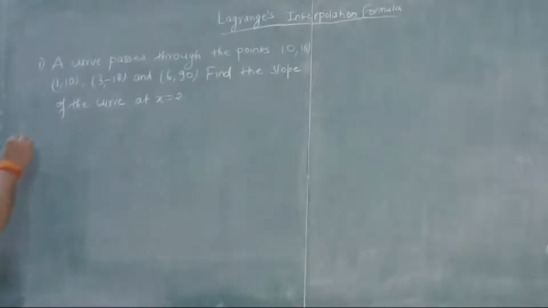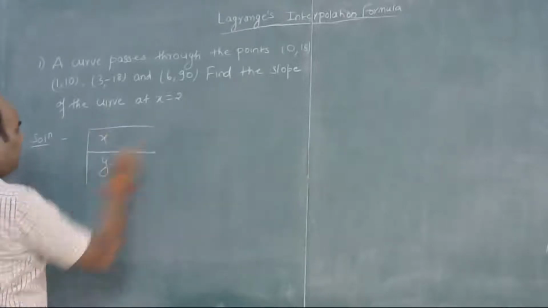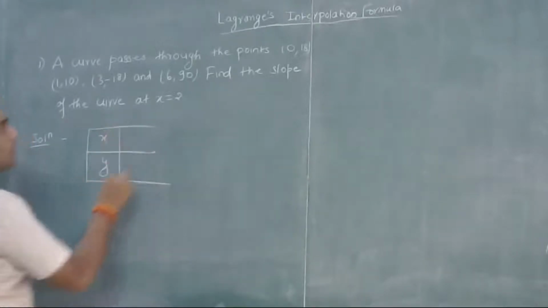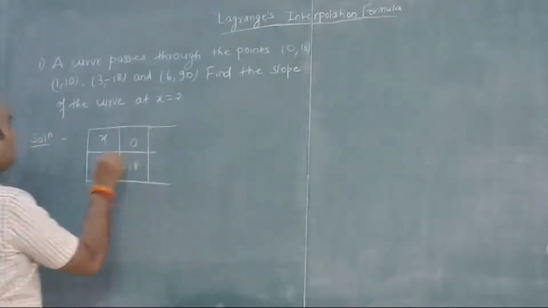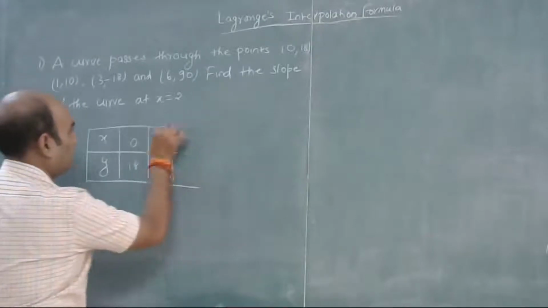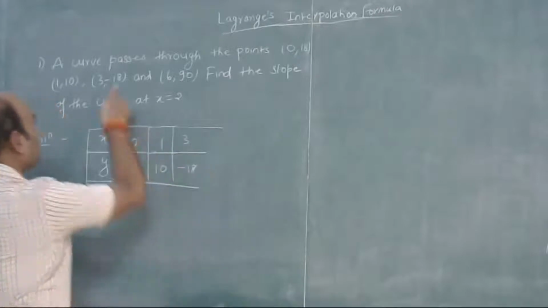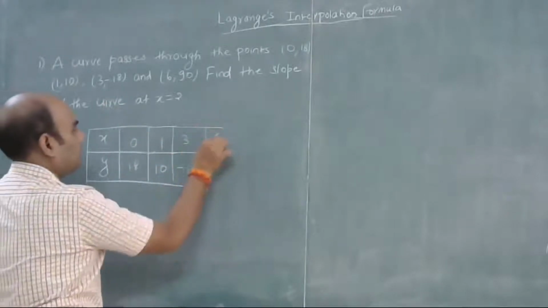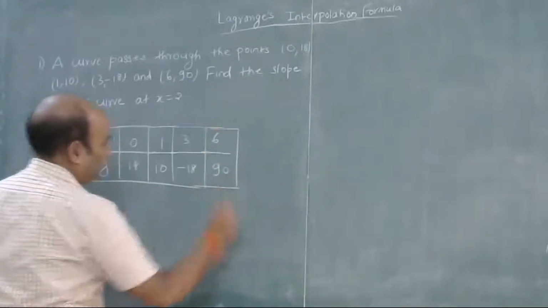First we will draw a table. This is x, this is y. x is given as 0, 1, 3 and 6, and the corresponding values of y are 18, 10, minus 18 and 90.